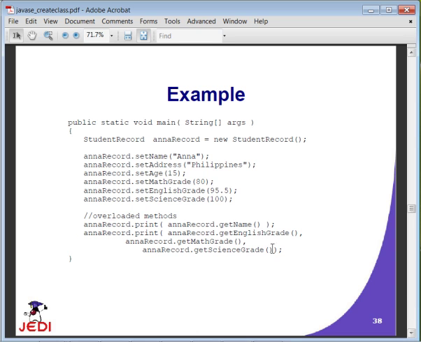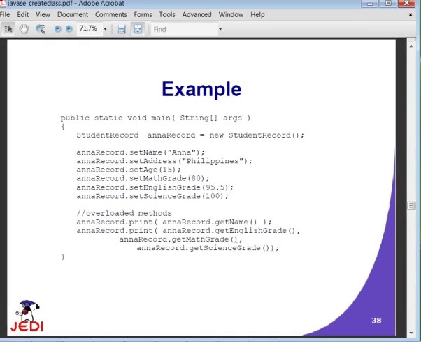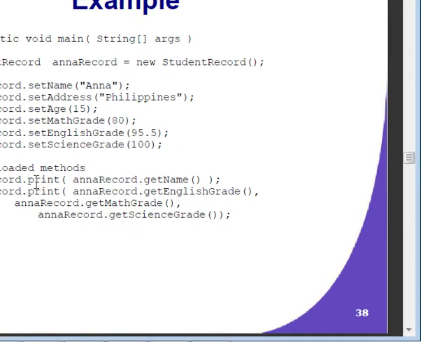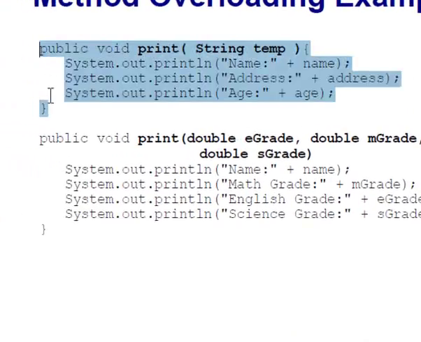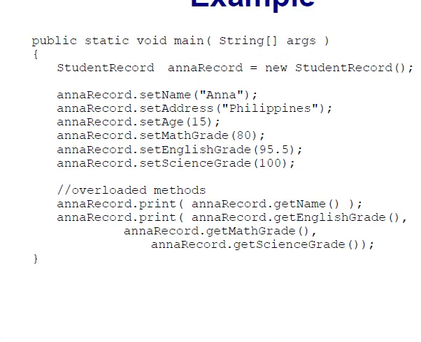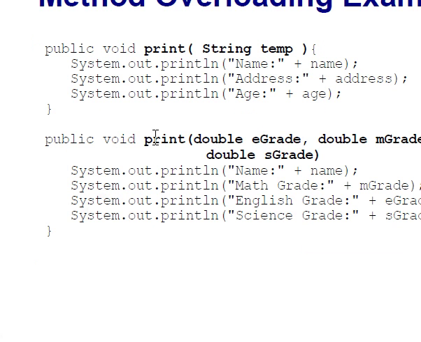Okay, so this is an example of using those overloaded methods. So here we are calling the print method, but we are passing just one string object. So in this case, Java knows that it's supposed to call the first method, this guy. Now in the second case, it contains 3 parameters, so Java knows it has to call this.